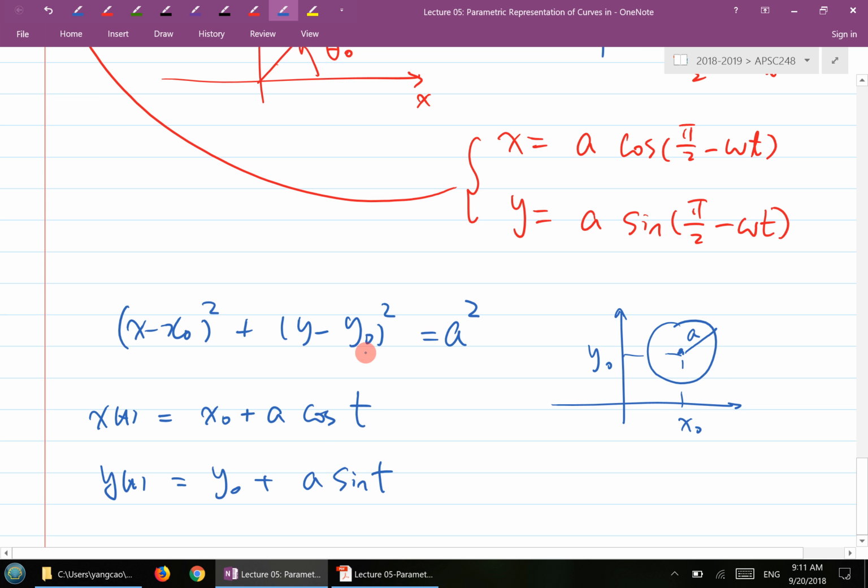With x0, y0, the only change is that x of t has the starting point x0, y0 added, and a cosine t, a sine t. So this equation describes a point starting at this location and then moving around this circle with omega equal to 1.